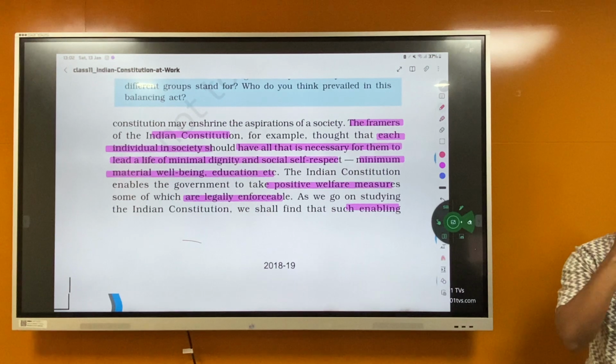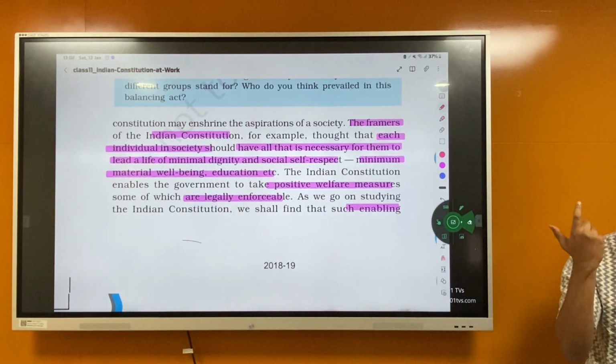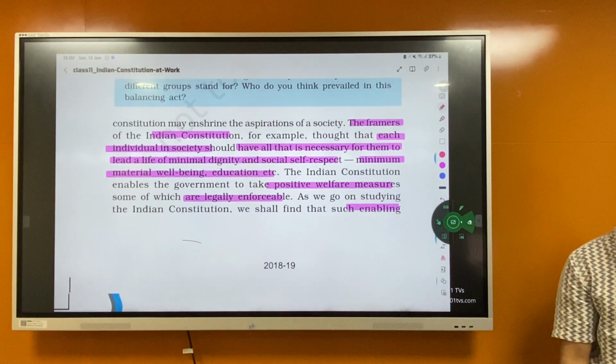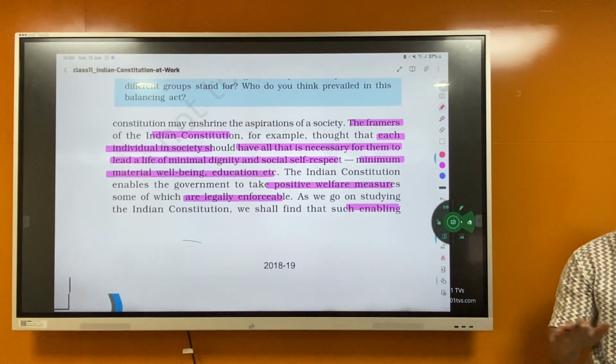He should not live a life like an animal or so downtrodden as it used to be before. So they wanted everyone to be on equal footing.